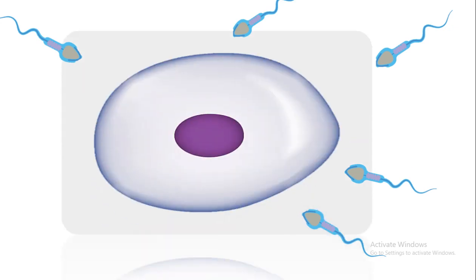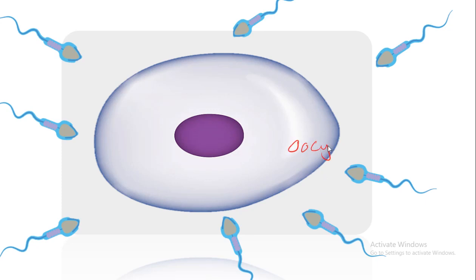Alright, if you look at this picture, you can find that we have two types of cells which have been illustrated. We have these sperm cells which are going around there, and we also have the central cell which is the egg cell. This is the oocyte, and these are sperm cells.